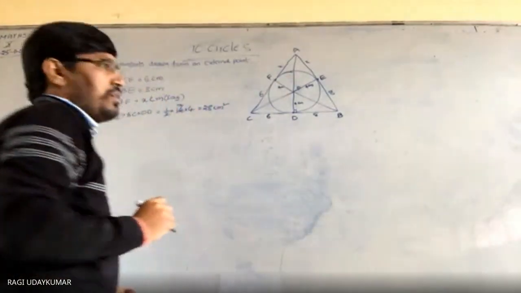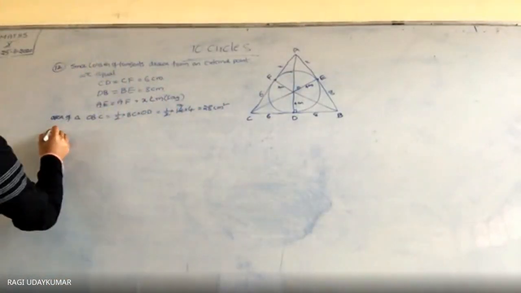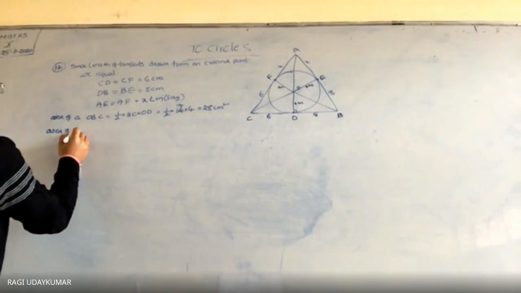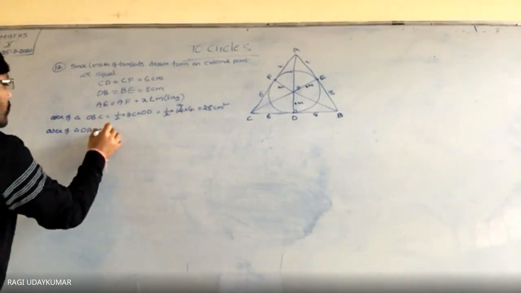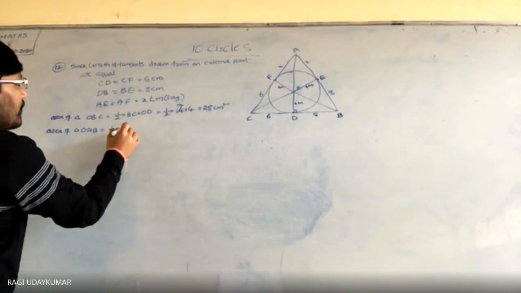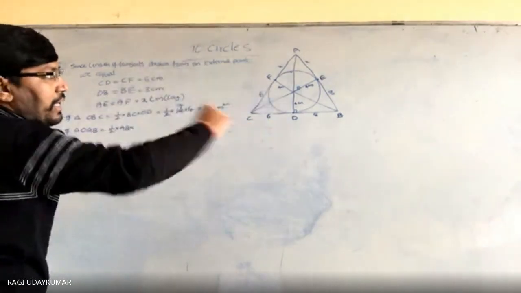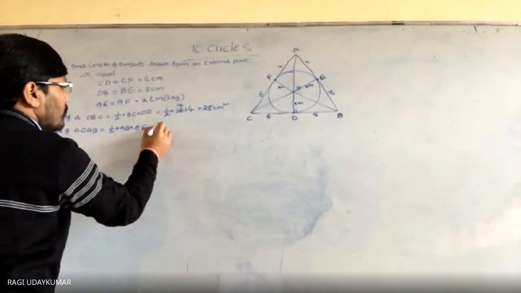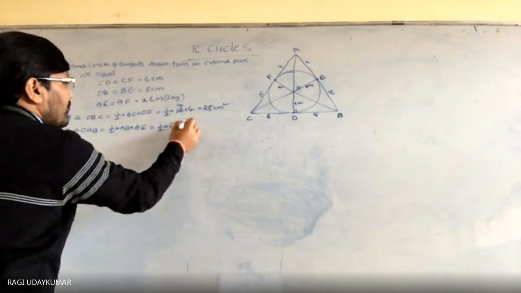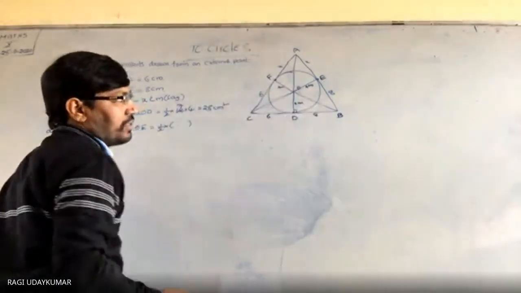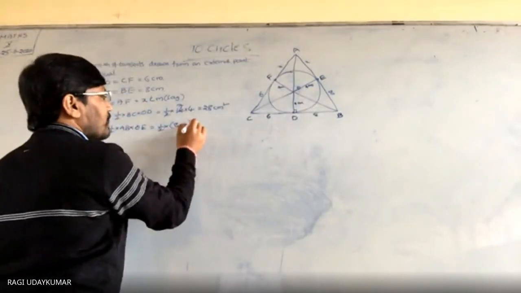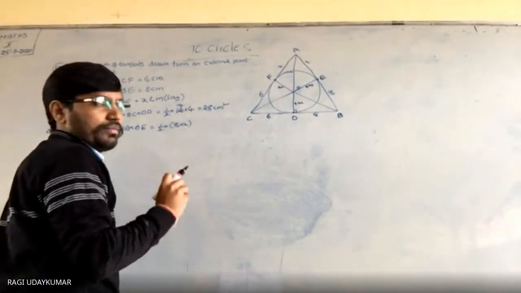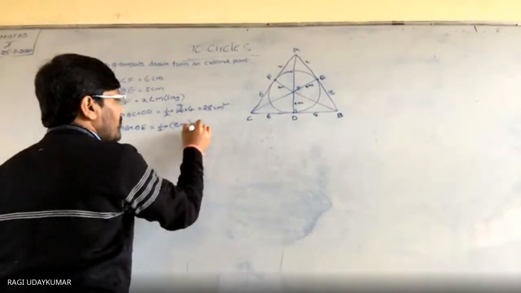Here, the area of triangle OAB is equal to half into AB into OE. Half into AB, the full length is 8 plus X. The X we don't know, and OE is 4 centimeters.